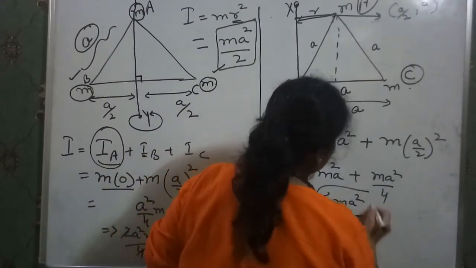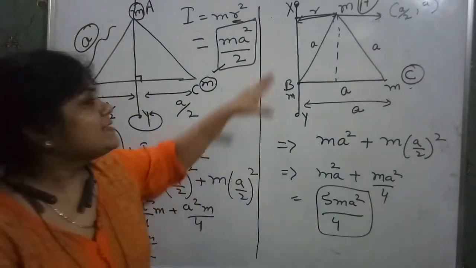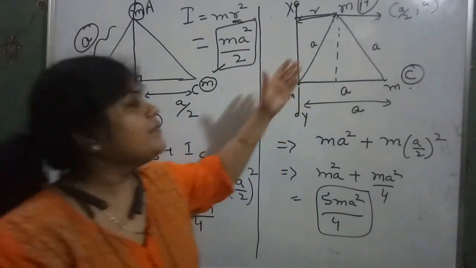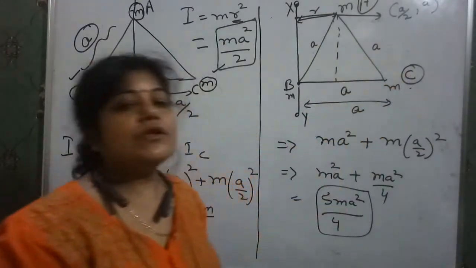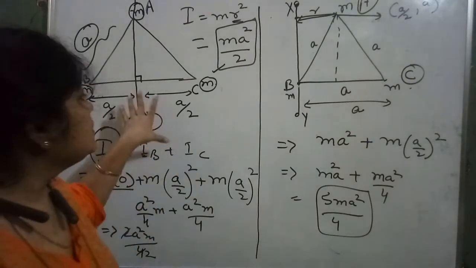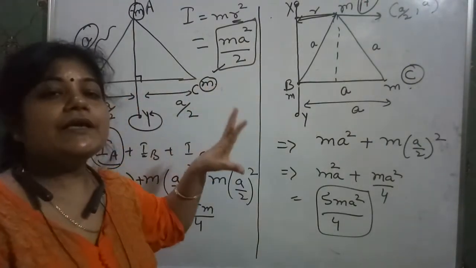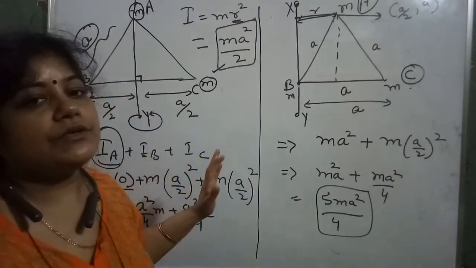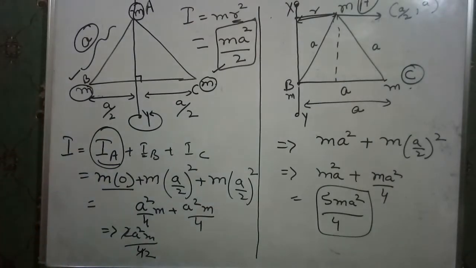This is the value of the moment of inertia when the axis of rotation goes through point B. Similarly, we can find the values for other points also. So in the case of moment of inertia, we simply concentrate on the distance from the axis of rotation. Clear? So next I am going to take another question.